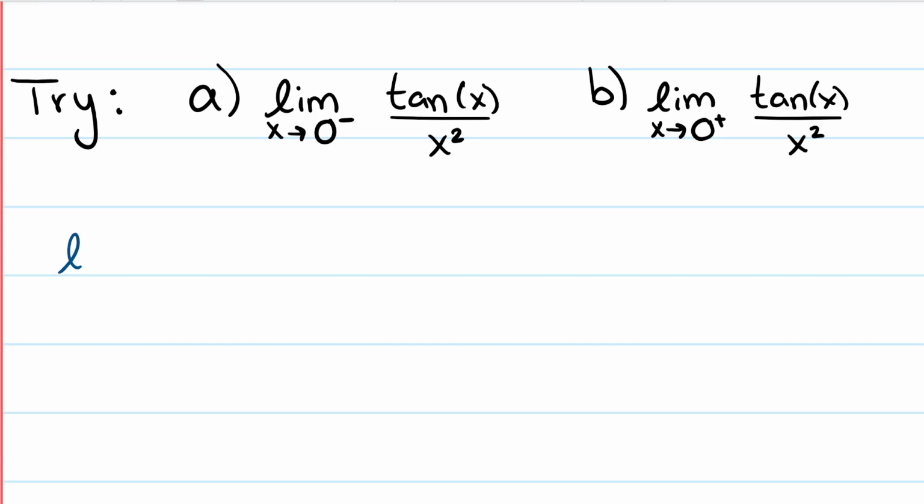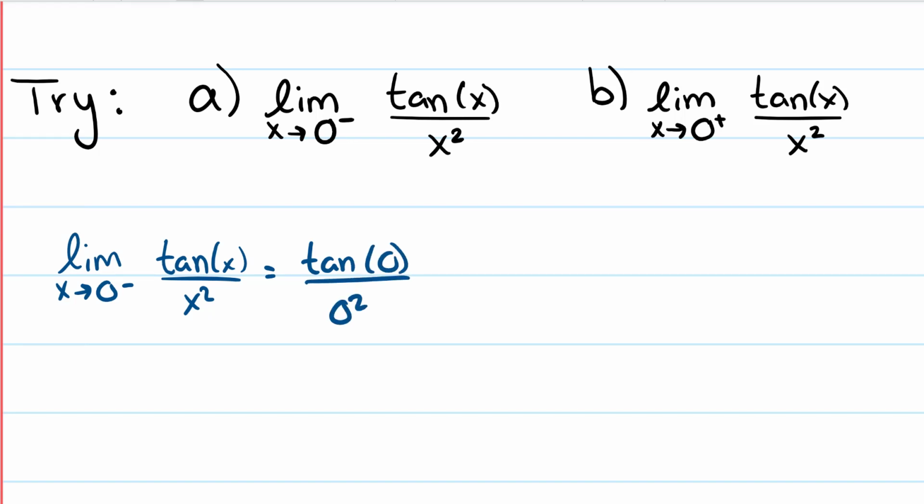So we get the limit as x approaches 0 from the left of tangent of x over x squared is going to be tangent of 0 over 0 squared. And we're going to get 0 over 0, again being an indeterminate form, does not tell us anything.